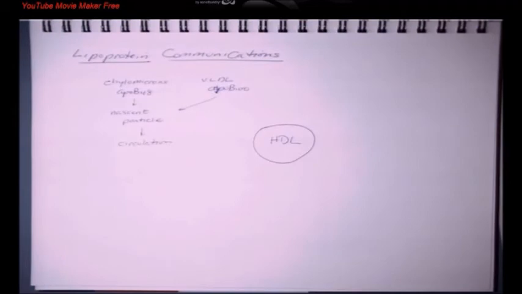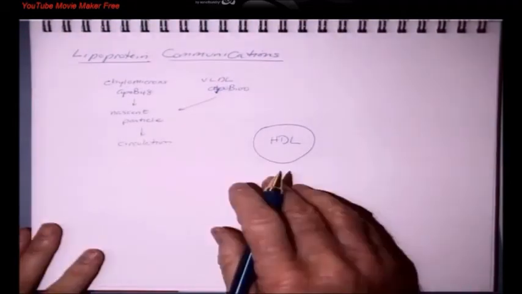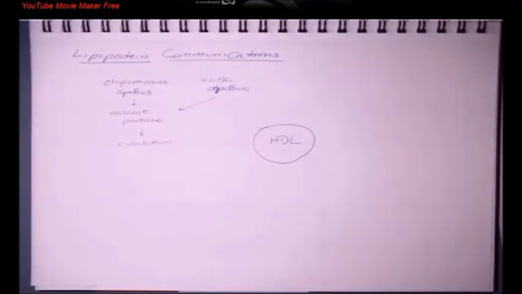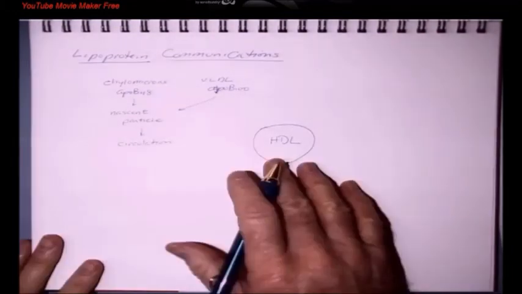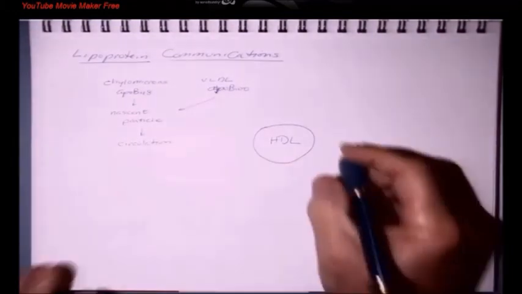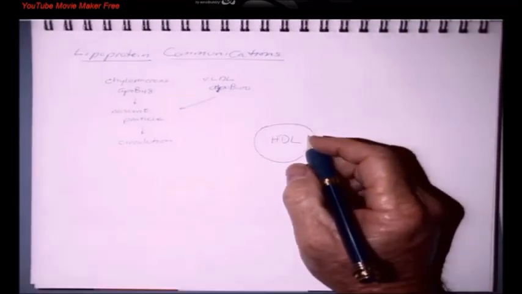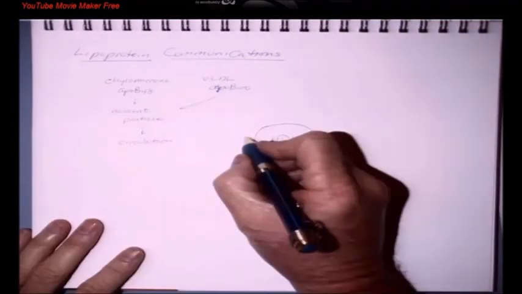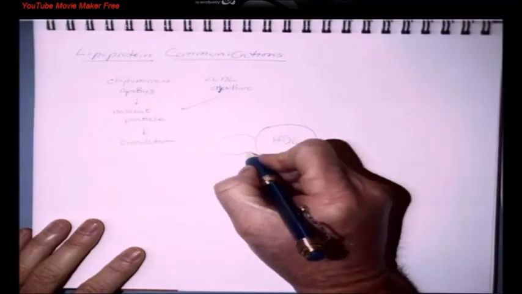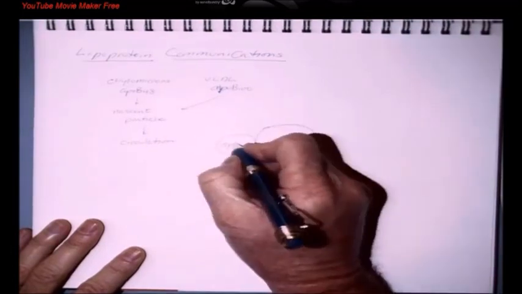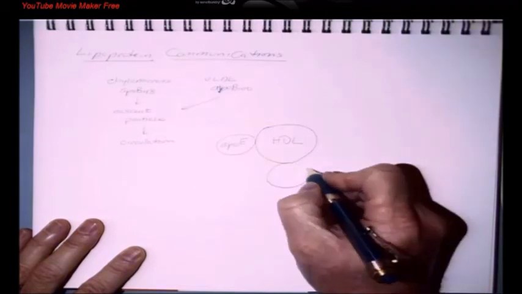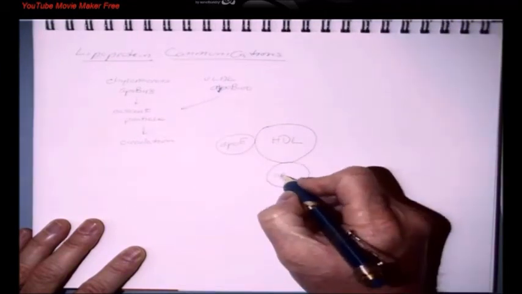So HDL has two specific purposes and functions in the circulation. One is reverse cholesterol transport, and we'll talk about that in a second. The second one is it serves as a reservoir for extra lipoproteins. So it's going to have bound to it ApoE, and it's also going to have bound to it ApoC2.